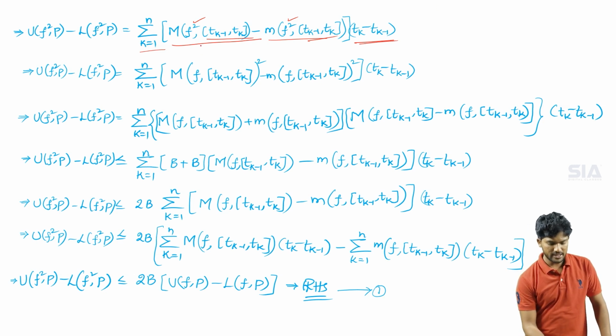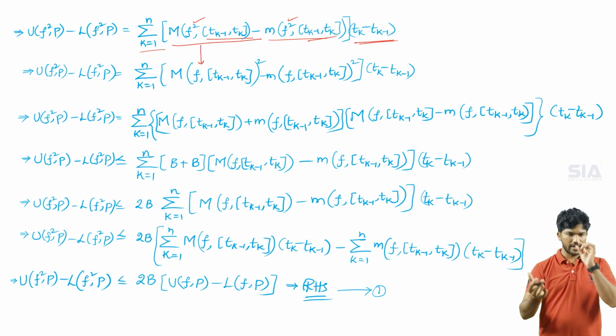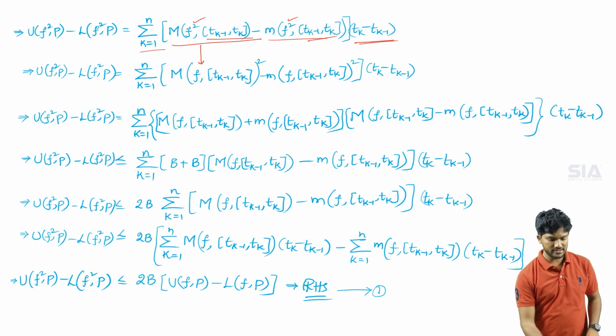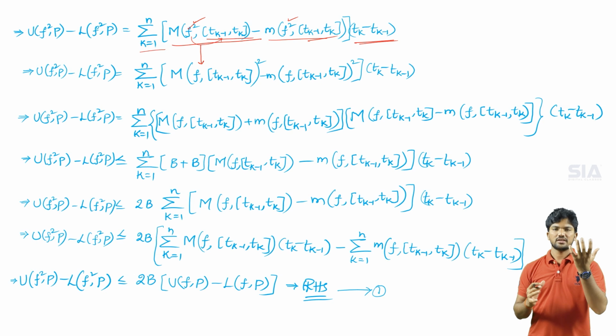In the next step, that square we can apply to that entire function. Why? Because here f is the function. In that function this closed interval indicates that segment value, that segment where f is defined.